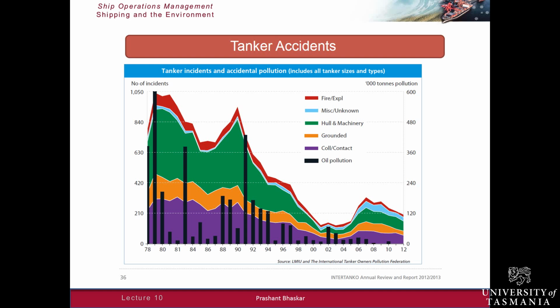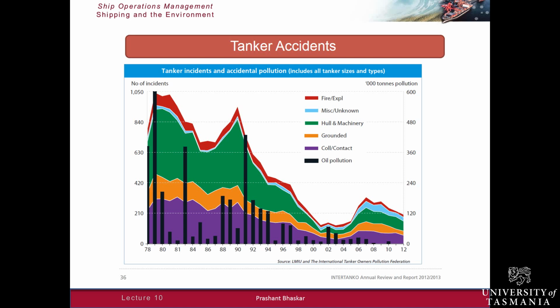Accidental causes such as collisions, groundings, hull failures, fires, and explosions give rise to much larger spills, and many of these incidents would involve quantities much in excess of, say, 700 tons. One thing to realize here is that when we look at the frequency and quantities of oil spilled, a very few large spills are responsible for a high percentage of the quantity of oil spilled.